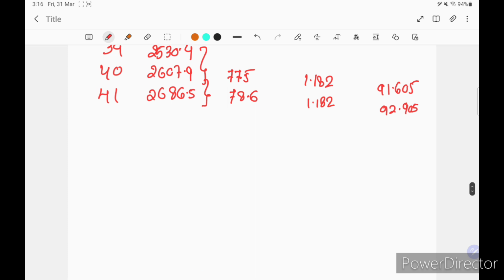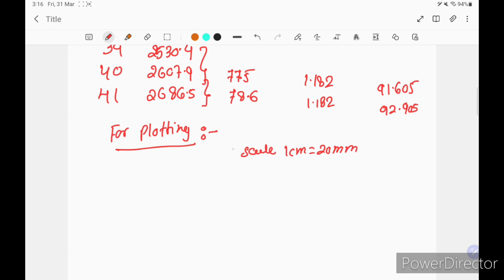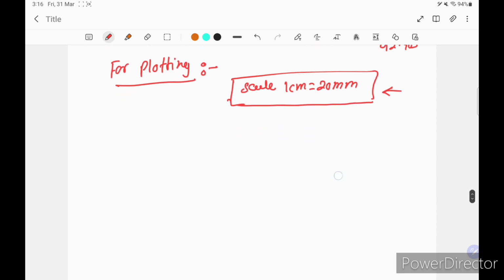Now we are moving to plotting. For plotting, you cannot plot directly on the chart, so we have to reduce the scale. Let's consider the scale: 1 cm is equal to 20 mm. This is very important. If you forget this, you will lose your marks. Scale is very important.